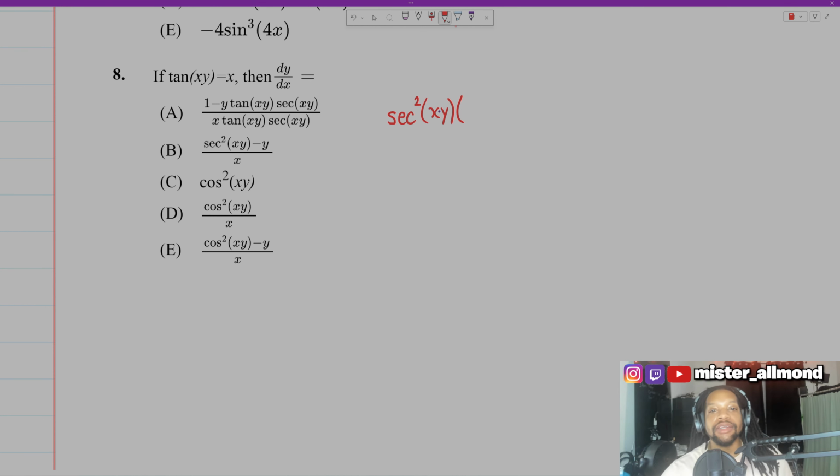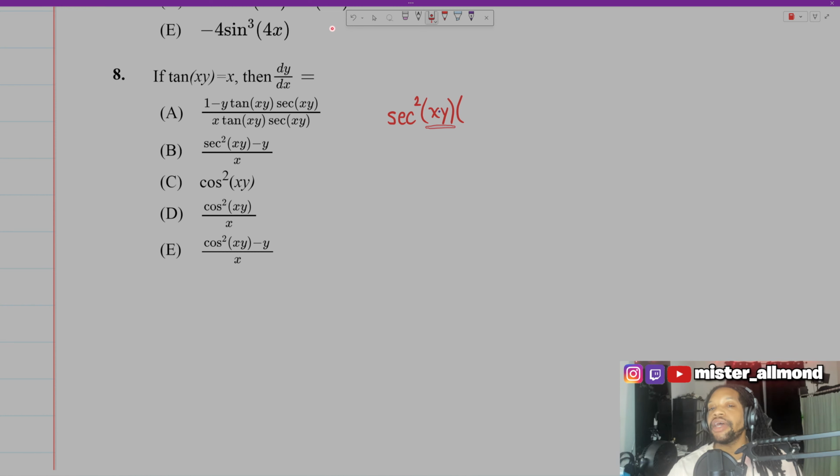Okay. So I was just saying, whenever there's multiple derivative rules going on at once, my best advice is to just simply follow the rules. So what I mean is, remember how we were deriving tangent? I know that tangent's derivative is secant squared, and then my input just stays the same, so just xy.